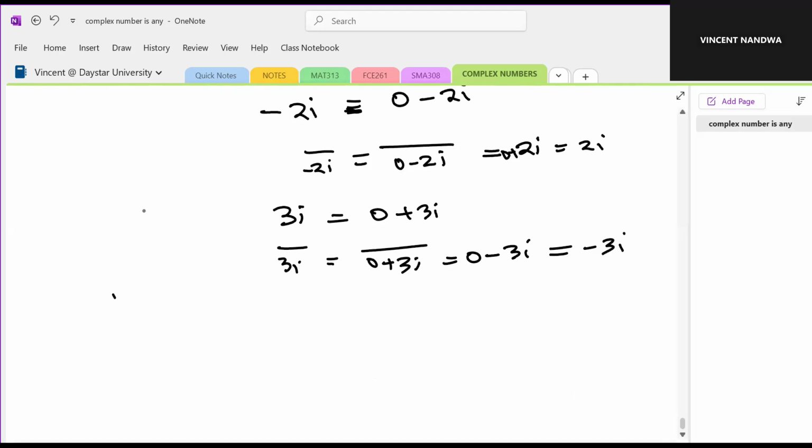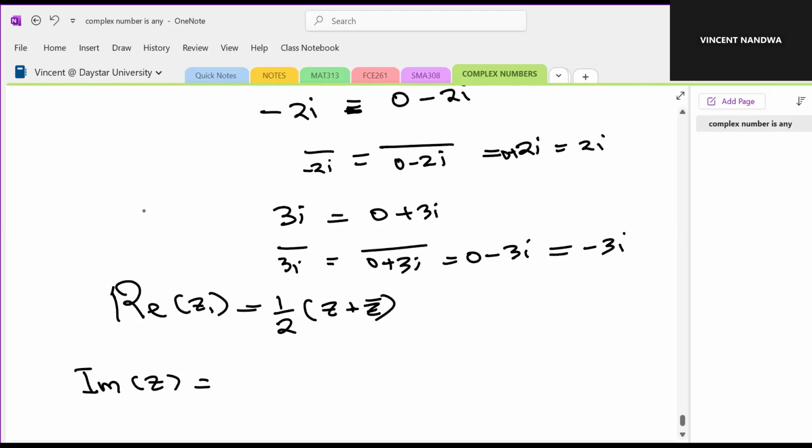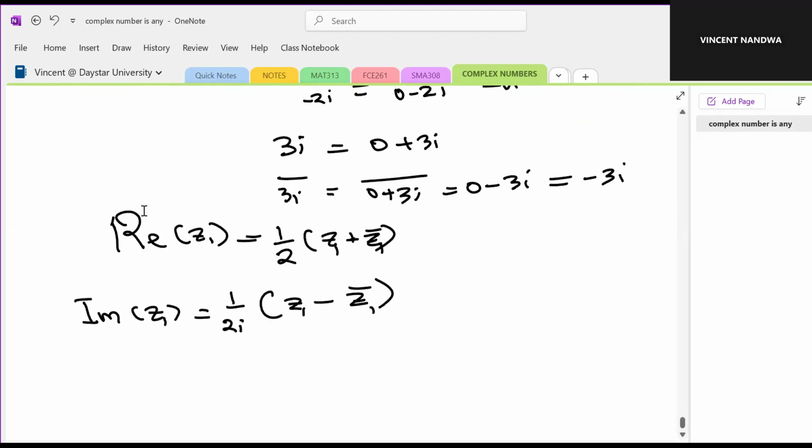Then the real part of Z is always the same as a half into Z plus conjugate of Z, and the imaginary part of Z is the same as 1 over 2i into Z minus conjugate of Z. This is what we mean for these two concepts here.